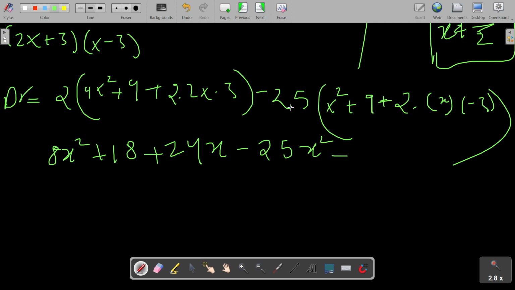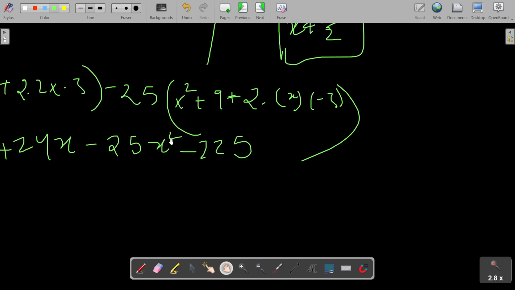This thing becomes 225. 25 into 9 is 225. We have minus 25 into 2x into minus 3.